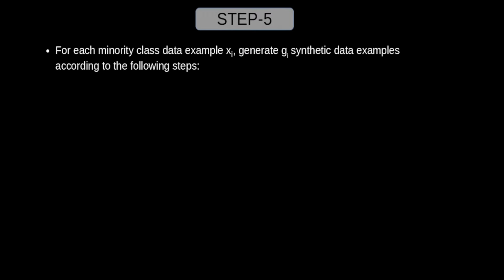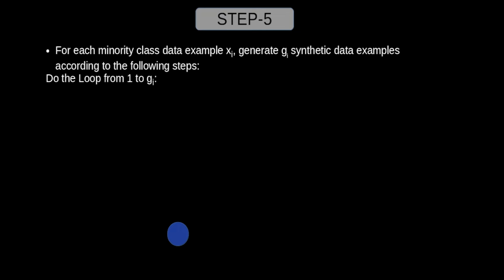Now let's move on to step 5, where for each minority data example xi, we generate gi synthetic data examples according to the following steps. We do a loop from 1 to gi, where gi is the number of synthetic examples that need to be generated for the ith minority class example. Consider this is our minority class example.